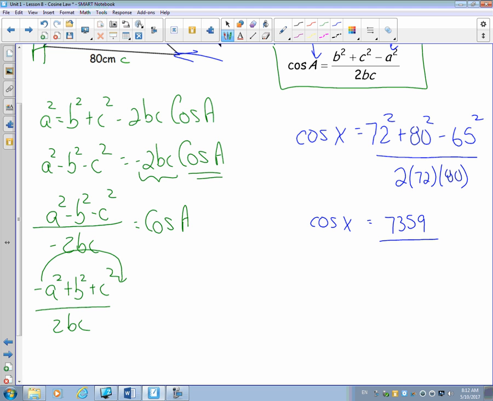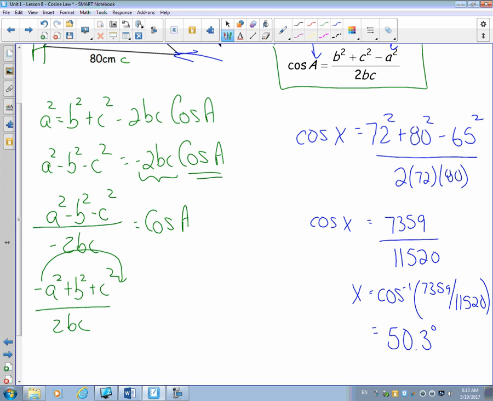And on the bottom, 11,520. There's my ratio. I want to find the angle, so I'm going to take the inverse of this ratio. I'm going to put it with brackets into my calculator just the way it looks, make it easy for myself. And if you do that right, you should end up with 50.3 degrees to 3 sig figs.